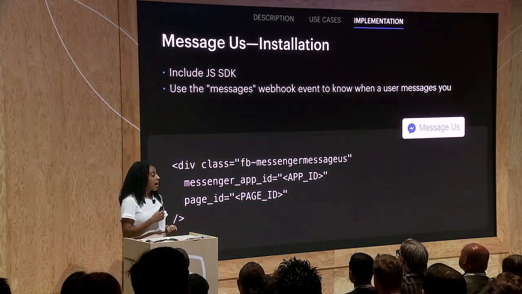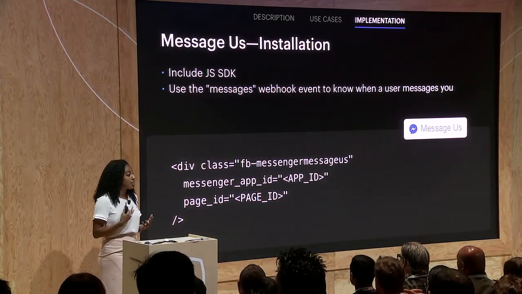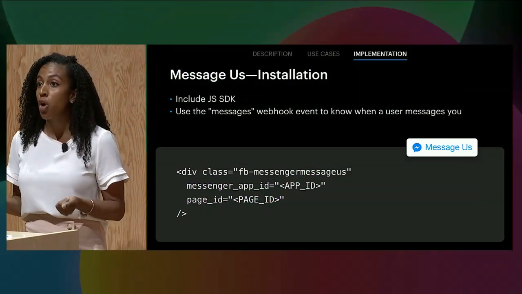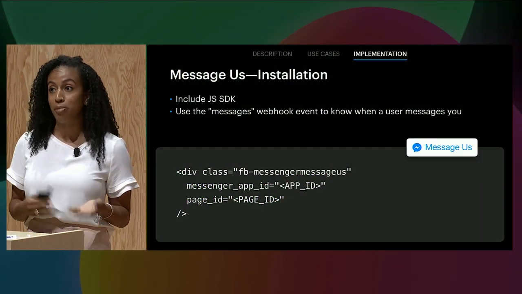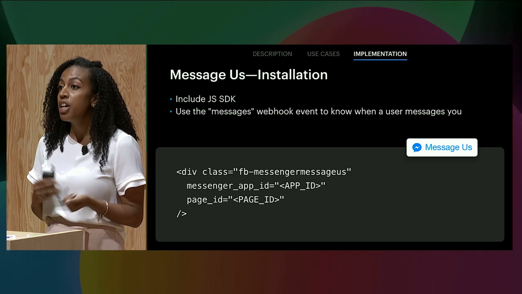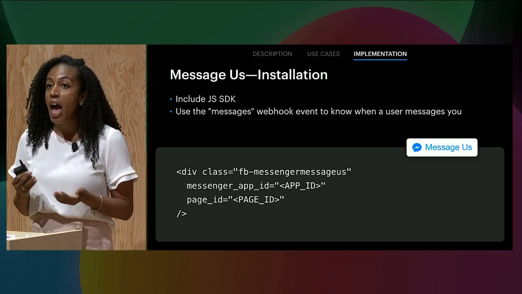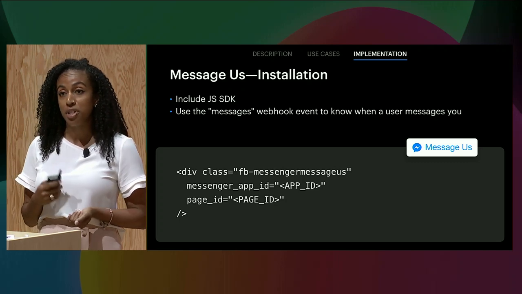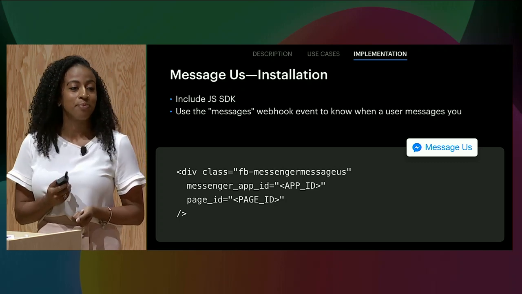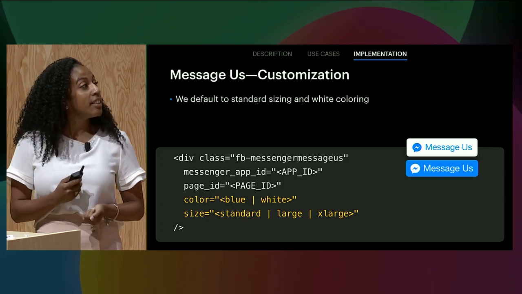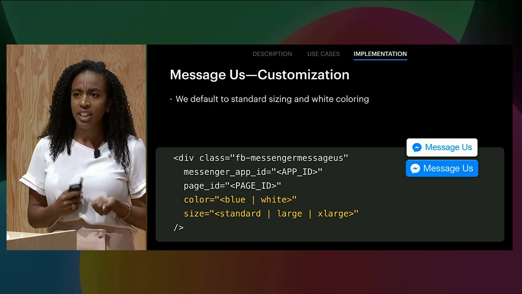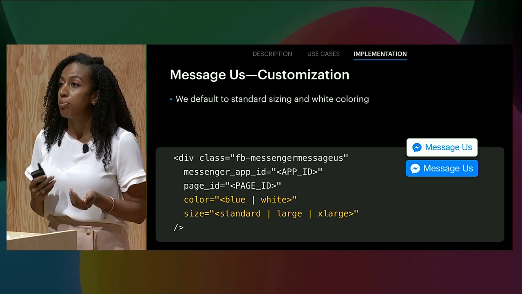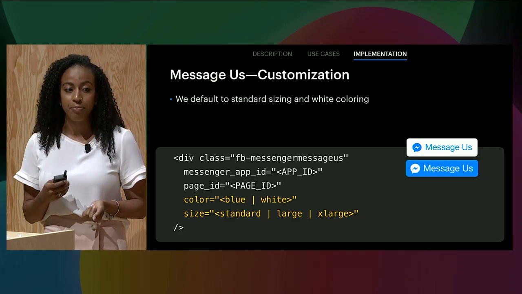You should make sure that your automated experience is also set up to receive webhooks so that you'll know when your customers are messaging you. You can stop here if you're satisfied. However, we do have other optional customizations that you can do to make your experience even better. Instead of going for the default white color and standard sizing, you can opt for blue and 2 other sizes.